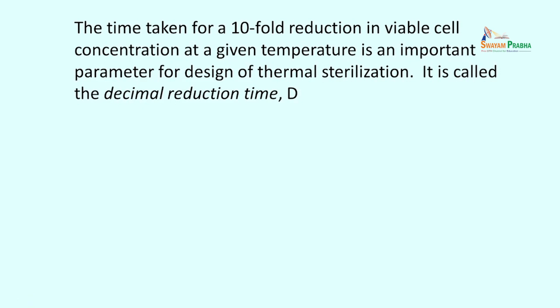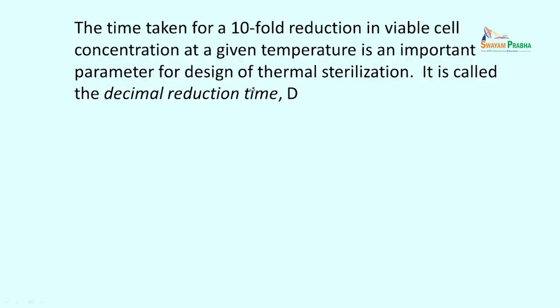We are figuring out means by which we collect the information so that it can be used elsewhere to design the sterilization process, to design the sterilization equipment, and so on. This time taken for 10-fold reduction in viable cell concentration is called the decimal reduction time, typically expressed as capital D.